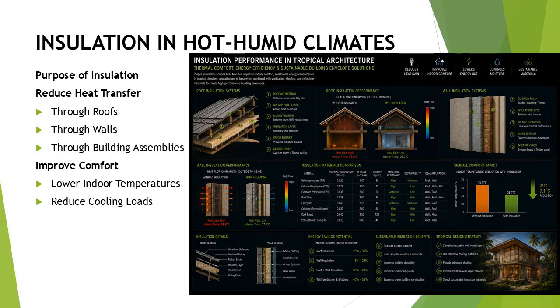Many architecture students associate insulation exclusively with cold climates. This is a common misconception. Insulation functions by slowing heat transfer. In tropical climates, insulation helps prevent external heat from entering interior spaces. The greatest benefits often occur in roof assemblies because roofs receive the highest solar exposure.